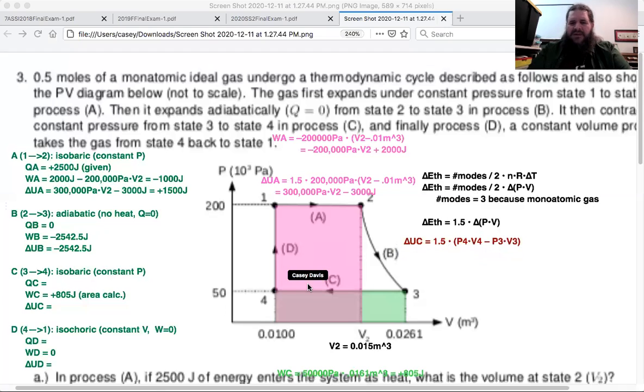Although in process C, what is not changing? The pressure. Yeah, it's the same pressure. P3 is the same as P4. So we can just factor out P4. And filling in the values there, we know P4 is 50,000.